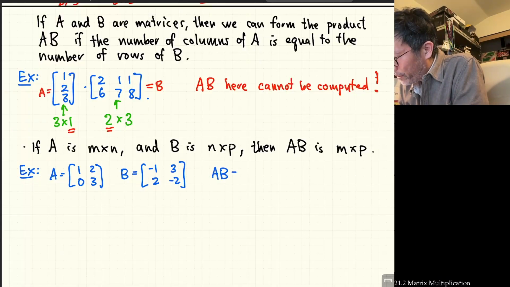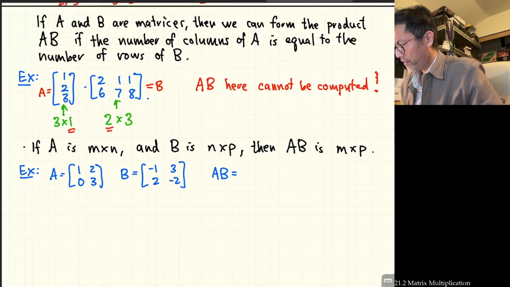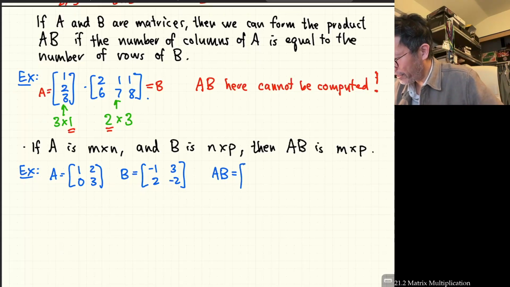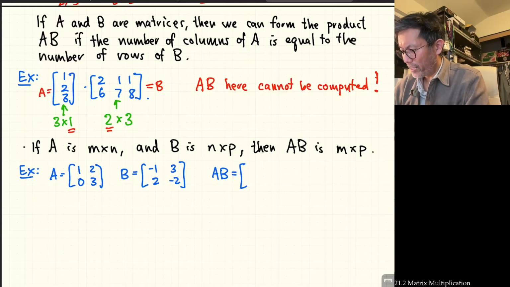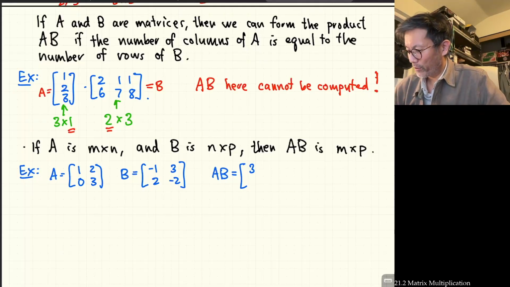Go. Pause the video and compute A times B for me. Okay, did you do it? I think you get, let's see, -1 plus 2, which is 3. I'm not very good at arithmetic. Just bear with me. So 3 times -2, which is -6.